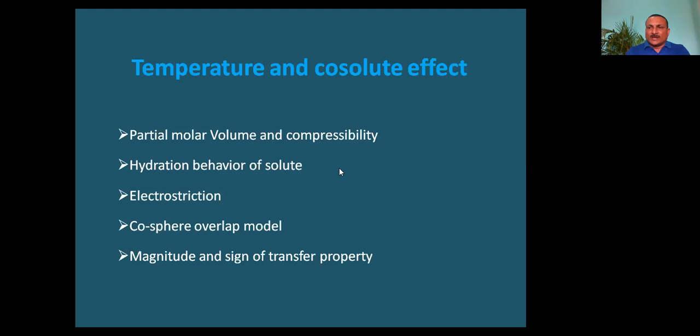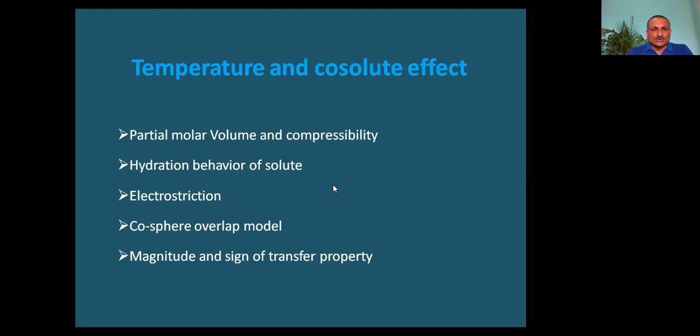So when solute molecules, for example drug molecules or amino acids, are added in the aqueous solution in water, hydration of that solute molecule takes place because of dipole-dipole interactions, ion-dipole or hydrogen bonding interactions.